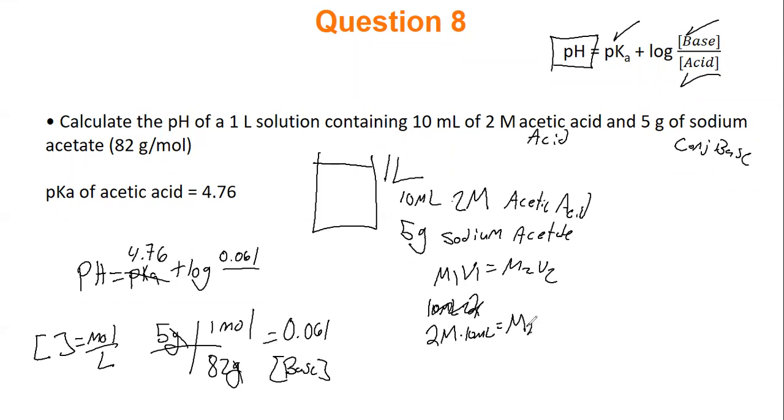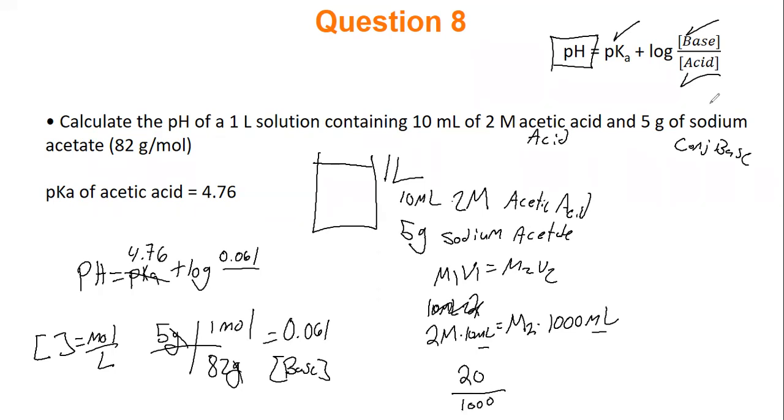My molarity in my new solution, I don't know, but my volume is 1 liter or 1,000 milliliters. When doing the dilution equation, make sure your volumes are in the same unit, or else it won't work. So this is effectively 20 divided by 1,000.